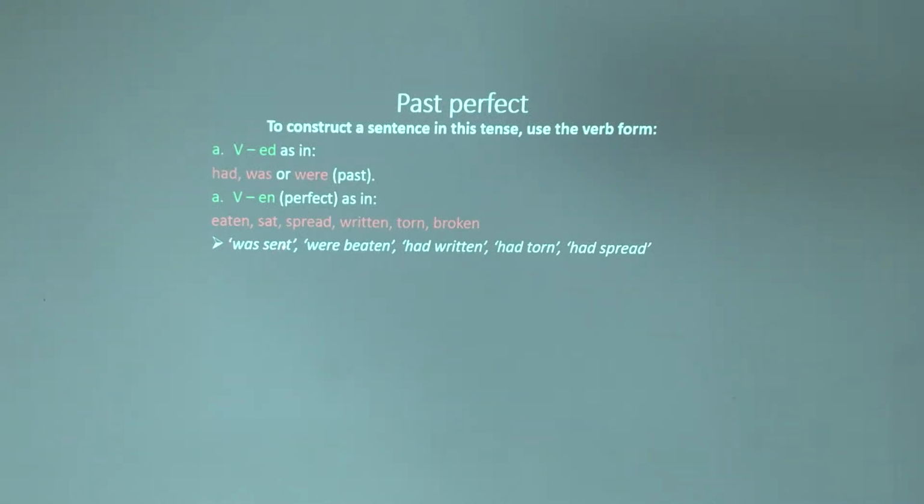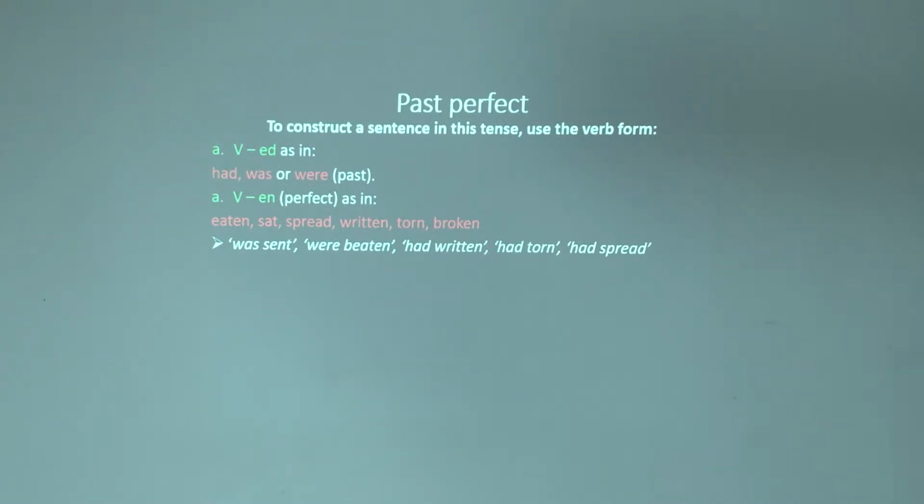For example, was sent, were beaten, had written, had torn, had spread. So this is past perfect. This is past, this is perfect. Past perfect, in that order.